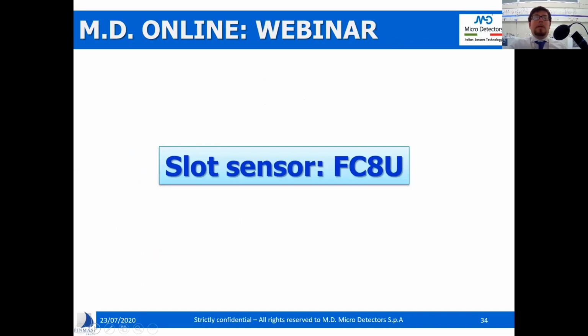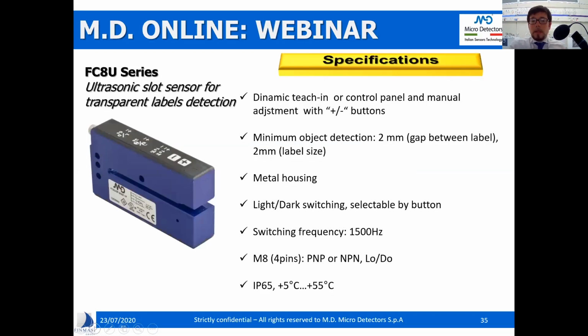Finally, in our portfolio of ultrasonic sensors, we have also this series, the FC8U, our ultrasonic forks, for particular applications. In detail, the applications related to the detection of transparent labels, which could be very critical by using photoelectric forks.